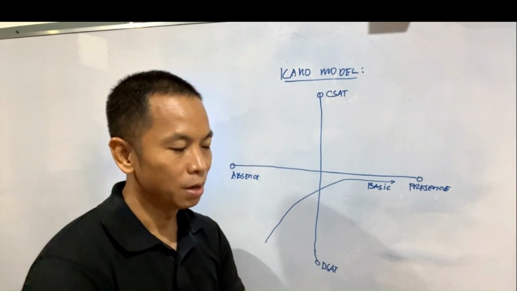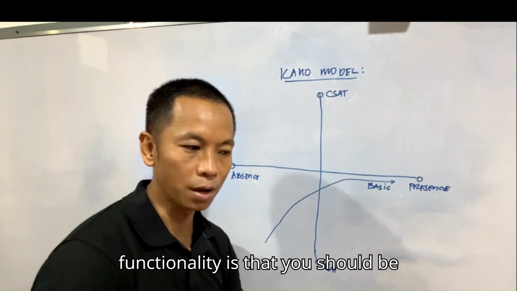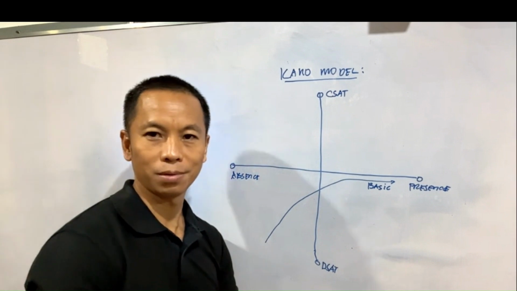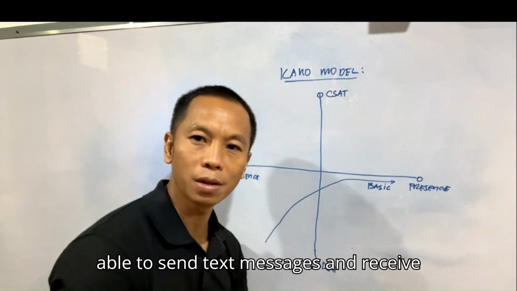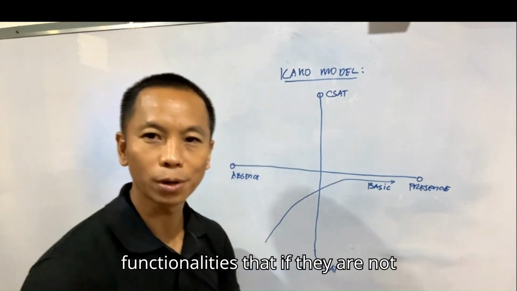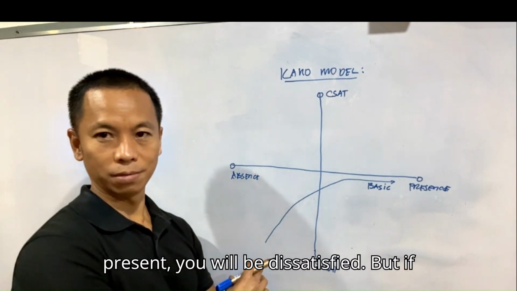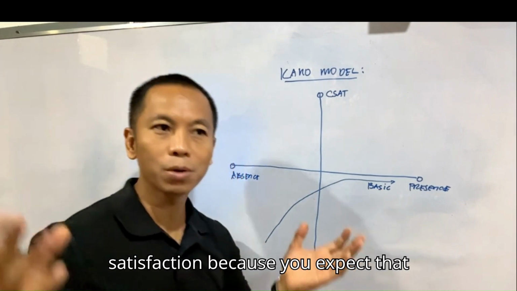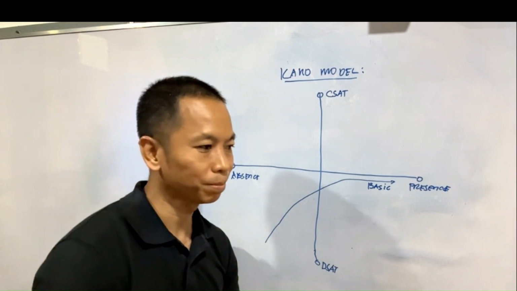For example, if you have a television, the expected functionality is that you should be able to control the level of volume. If you have a cell phone, you should be able to send and receive text messages. So those are basic functionalities that if they are not present, you will be dissatisfied. But if they are present, it does not mean satisfaction because you expect that to be present in that product.